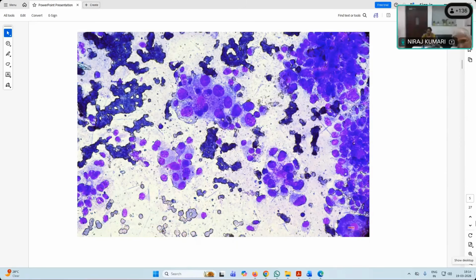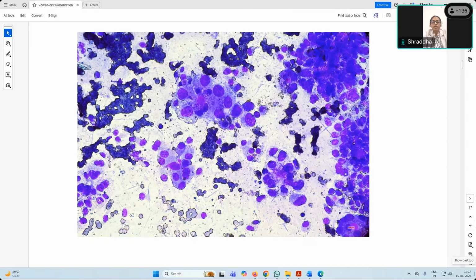So Shraddha, what primary did you think of? What were the DDs that we discussed? Ma'am, lung, breast, thyroid, kidney. Yes. So these are the common, sometimes maybe from GI, but very rarely. Okay. So to differentiate all these, what all antibodies would you like to have? Ma'am, for breast, we would like to do GATA3.